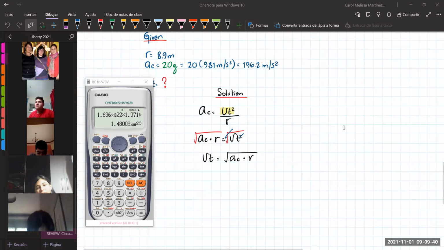So we say VT is equal to the square root of 196.2 meters over second square times the radius, that is 8.9 meters.